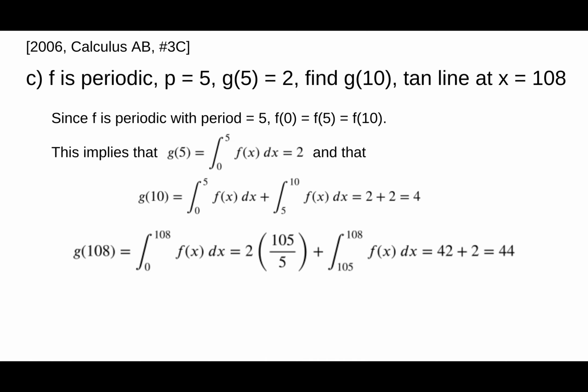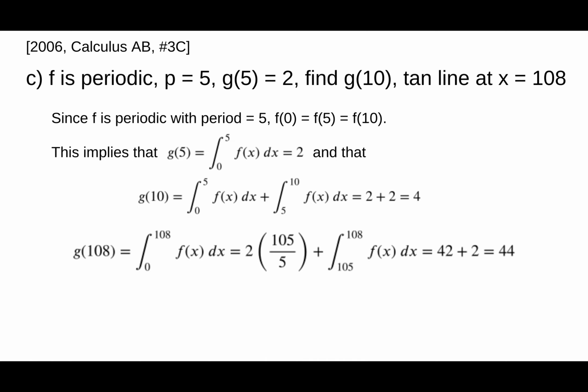So g of 108, by definition, would be the integral from 0 to 108 of f of x dx, which would be 2 times whatever 105 divided by 5 is, because that fraction gives me the total number of complete periods before I get to 108, since 108 is not divisible by 5. And then I just have to tack on the integral from 105 to 108 of f of x dx. So I get 42 plus 2, which is 44.